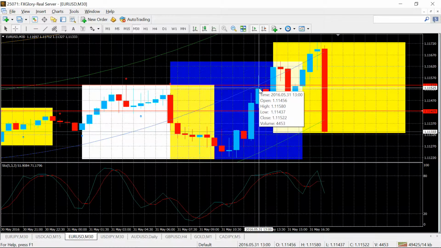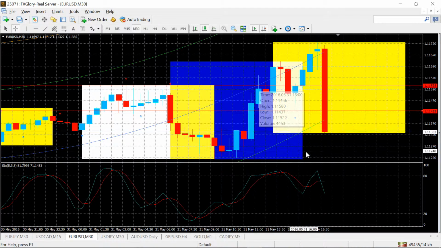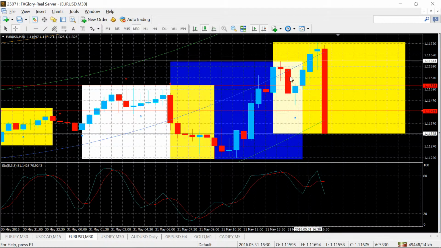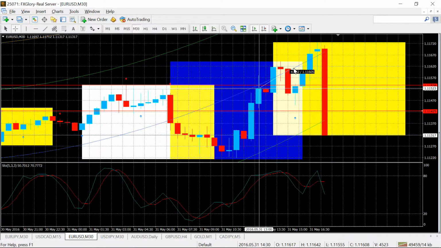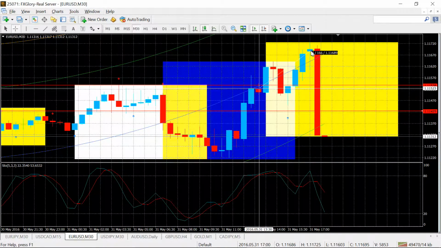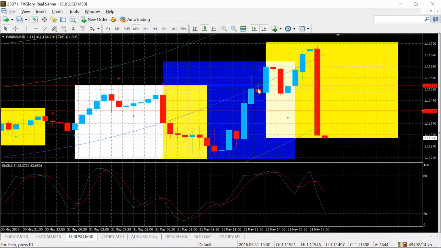You would have been stopped out big time, and you would have lost all those pips right here, unfortunately. So learning how to use stop loss properly is very important. As you can see, stop loss is not always your friend. Using it properly or not using it at all, both have advantages, and you can learn both, how to use it and how not to use it.